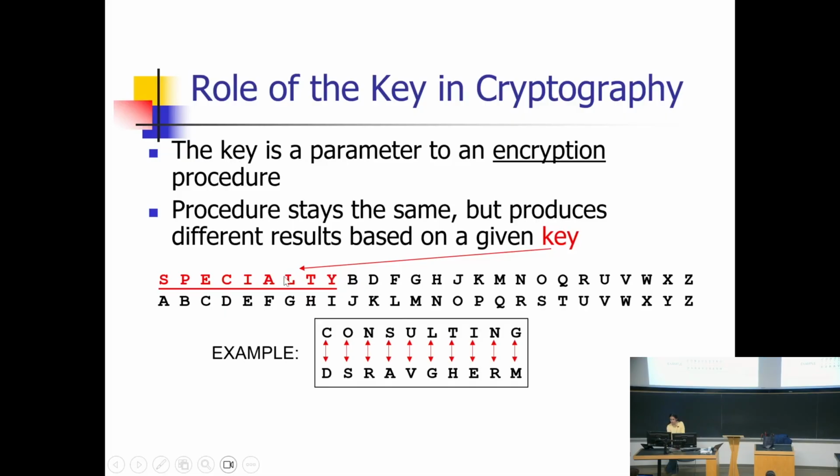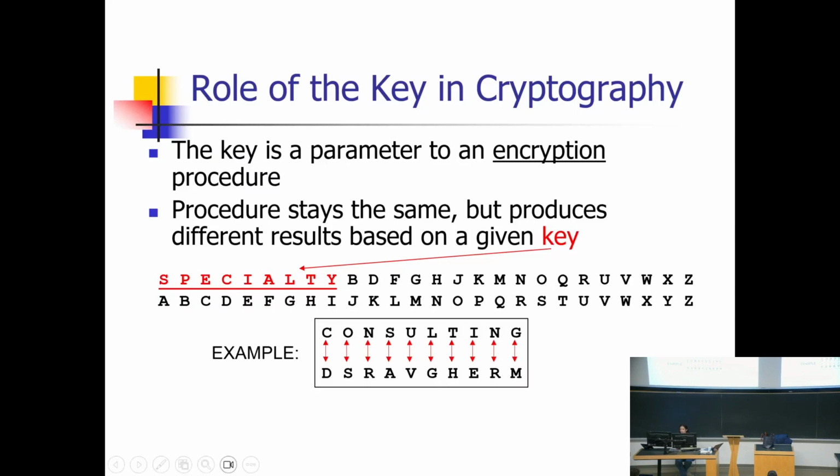B doesn't exist in my key, so I write B. I don't write C because it's already here. I write D, and I continue the same way, writing every other letter until Z, only the ones that have not appeared in my key. Now, in the next line, I'm just writing all the alphabet in correct order from A to Z, right?